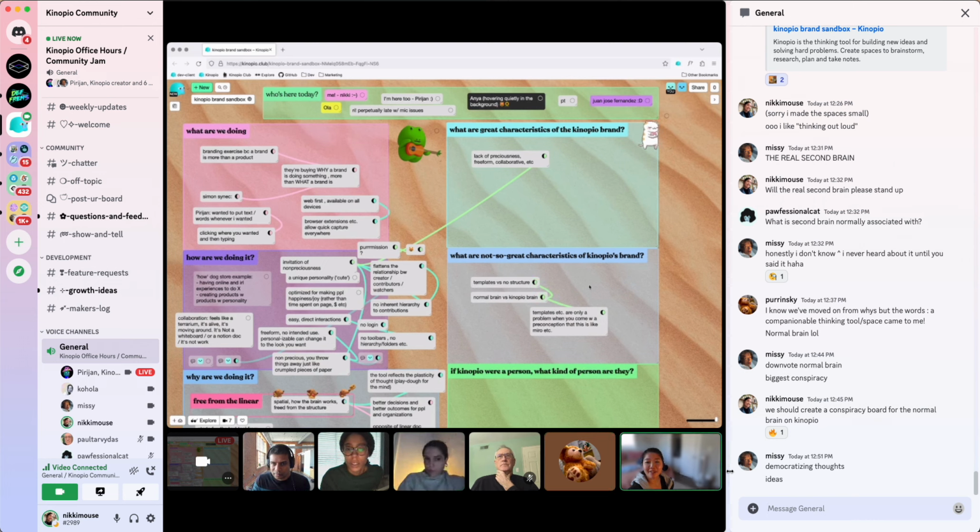I love that. Maybe you could even do an animation where before you do anything, you have to put your normal brain aside, or put your Kinopio hat on, literally as an animation. I was about to say, you don't have to change the vibe. It's just about setting the expectation appropriately when the person walks through the door.